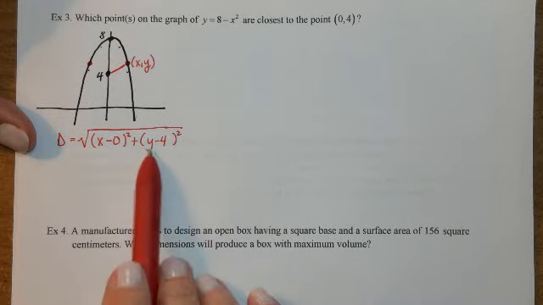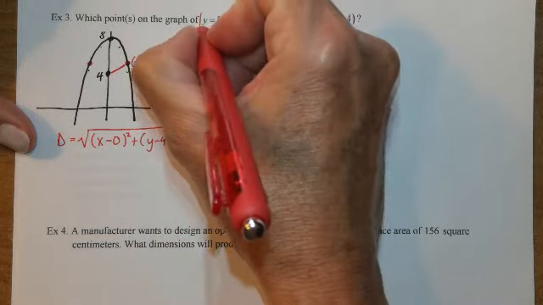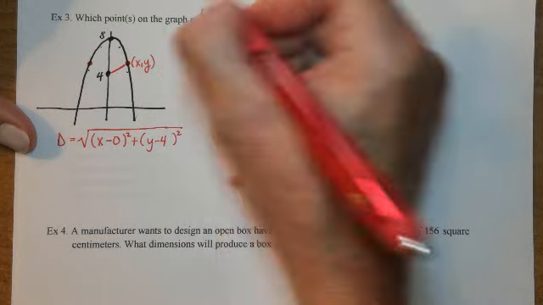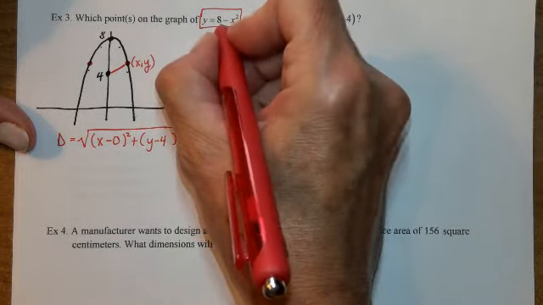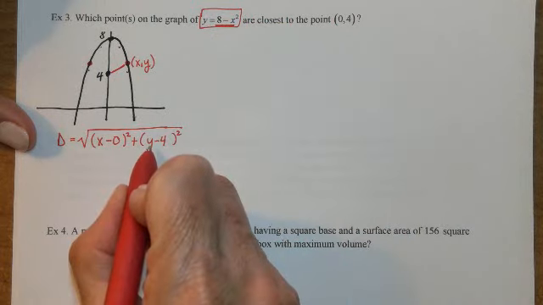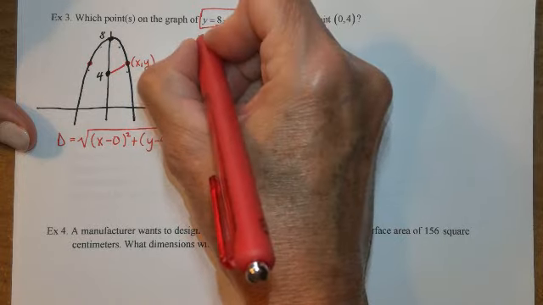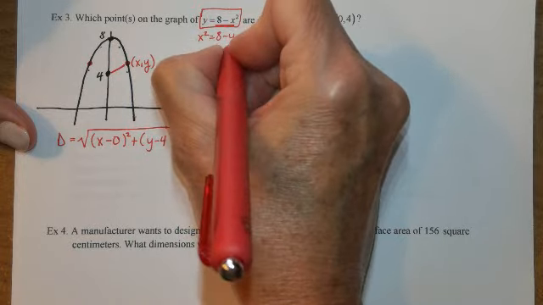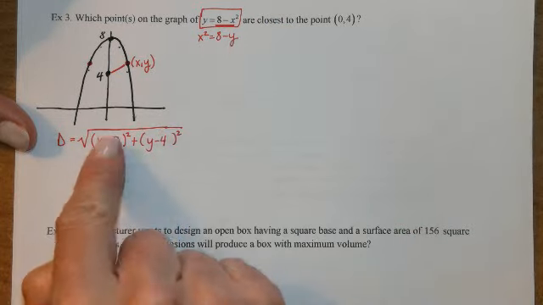But it has two independent variables. I would like it to have one if possible. And look what we have. Y is equal to 8 minus x squared. So we could right now put 8 minus x squared in for y, right? We could. Or we could very quickly solve this for x squared and put 8 minus y in place of x squared.